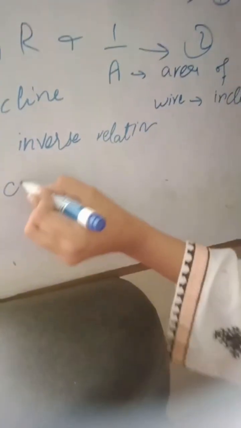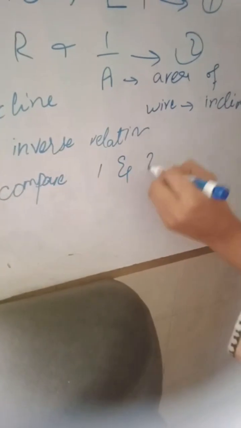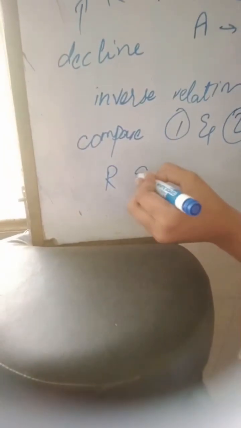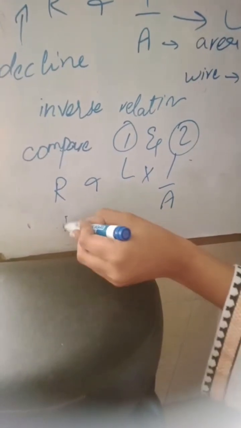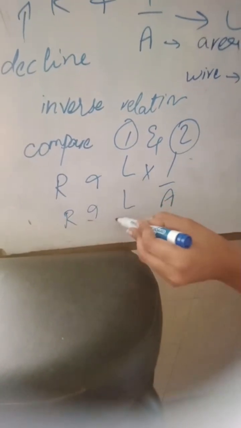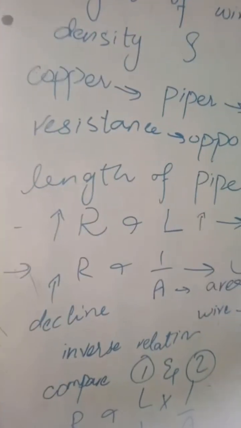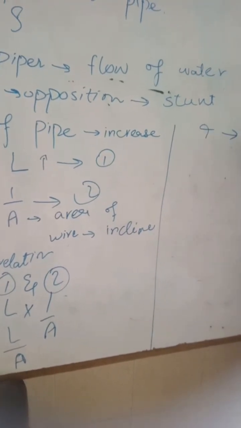If we compare the first and second equations, R is directly proportional to L, and R is inversely proportional to A, so we can write R directly proportional to L over A. To eliminate proportionality, we can replace it with resistivity, rho.